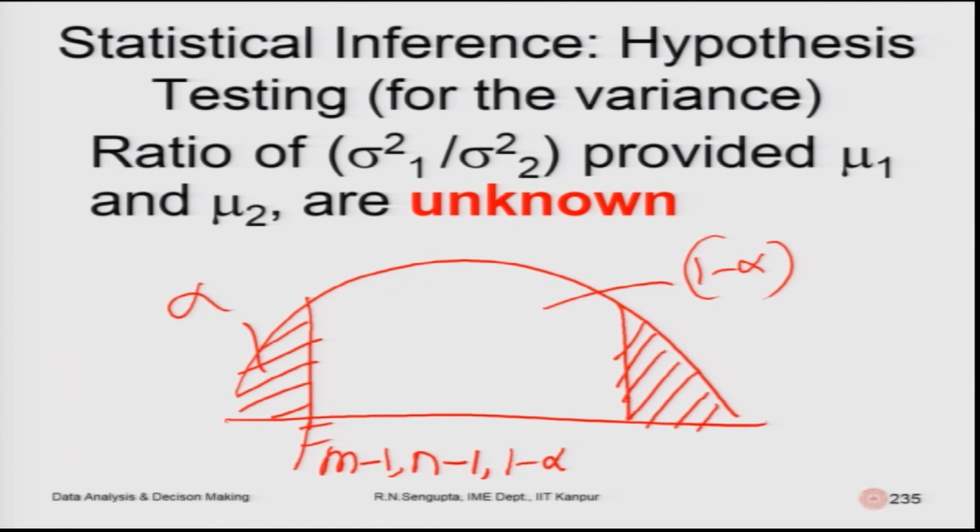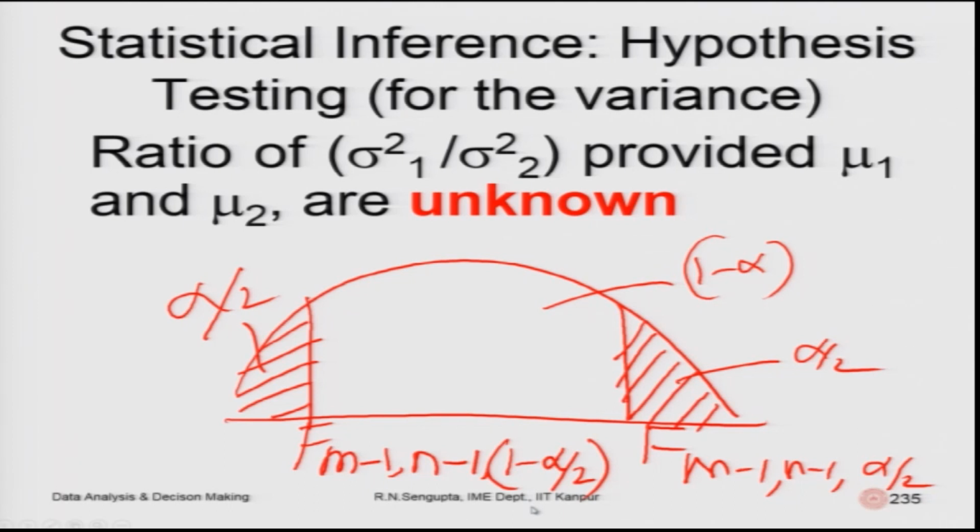So, this will be alpha by 2, and this will be alpha by 2. So, this would be f m minus 1, n minus 1, where the right hand side area is alpha by 2, and in this case it is 1 minus alpha by 2. I am drawing the last one together, so I will highlight it accordingly. I jumped ahead, but just bear with me.